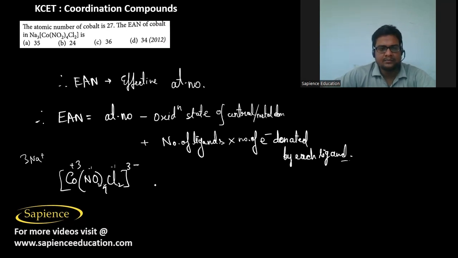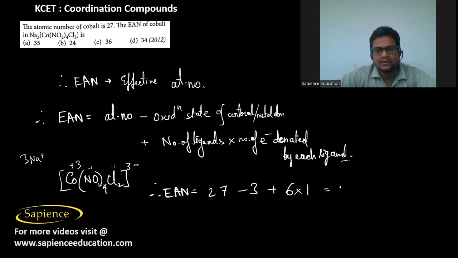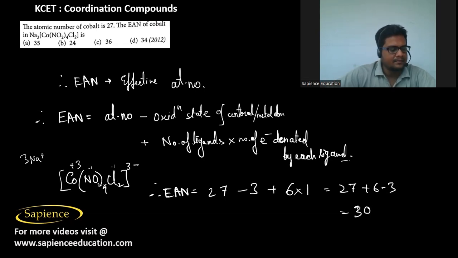Now, therefore, the EAN value for cobalt will be the atomic number, which is 27, then minus the oxidation state, that is +3, then plus the number of ligands, that is 6, into the number of electrons donated by each ligand, that is 1. So it is 27 plus 6 minus 3, that is 27 plus 3, that is 30.